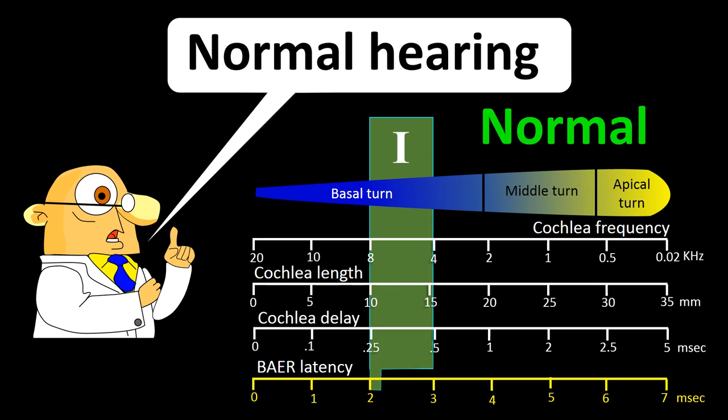I also hope that you recall this figure from a previous video. It depicts the basilar membrane of the cochlea and its relation with the segment of the cochlea stimulated by the different frequencies, cochlear length, cochlear delay, and brain auditory evoked response latencies.